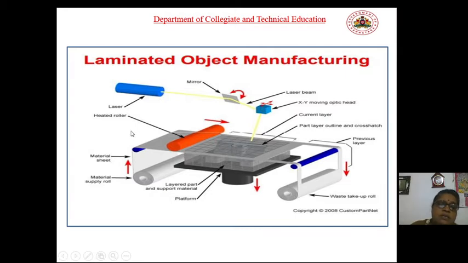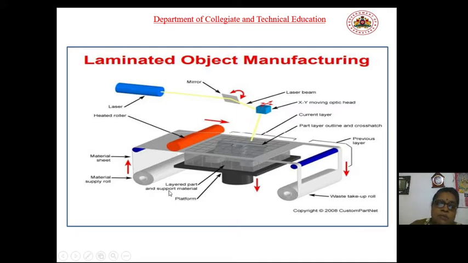The material sheet is supplied from the material supply roll, and it moves onto the bed. Thereby another roller called the heated roller supplies the required amount of heat to the sheet. The metal sheet is spread onto the bed.